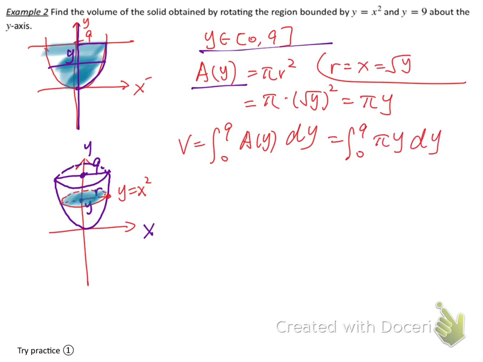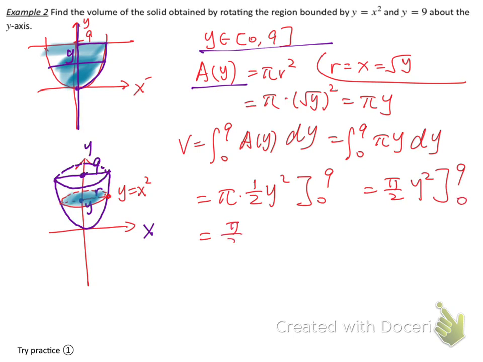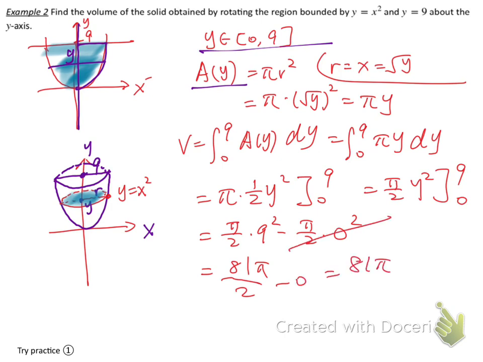So pi is a coefficient, y I increase the power by 1, flip it, evaluate from 0 to 9. So this equals pi over 2 y squared from 0 to 9, pi over 2 times 9 squared minus pi over 2 times 0 squared. So this is 81 pi over 2 minus 0. So 81 pi over 2. That's the answer.